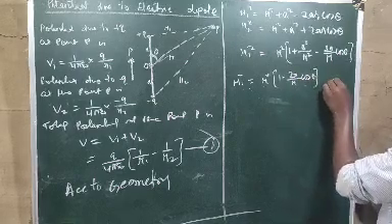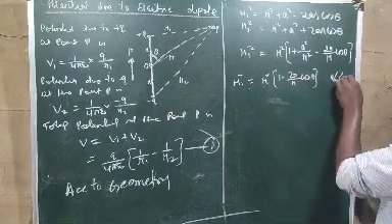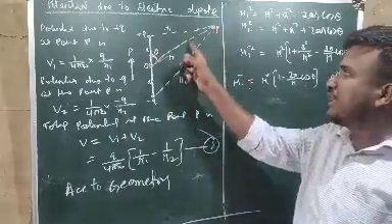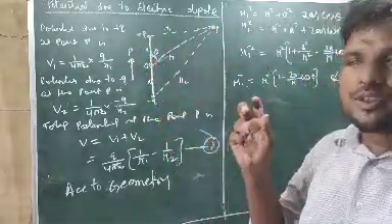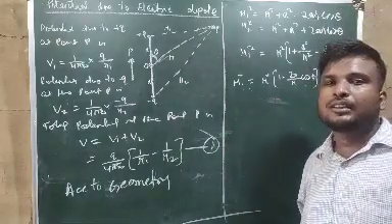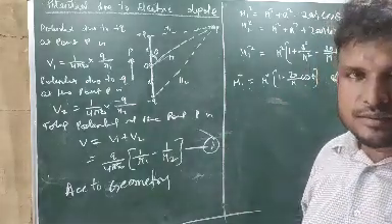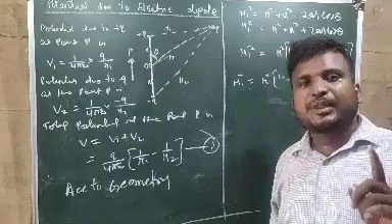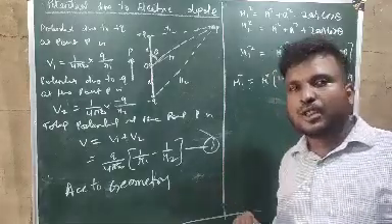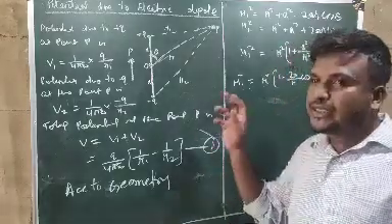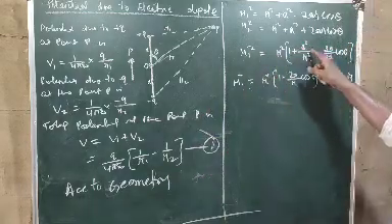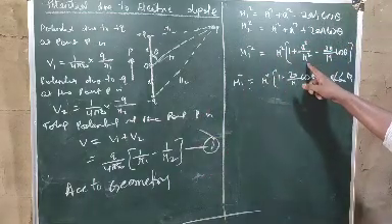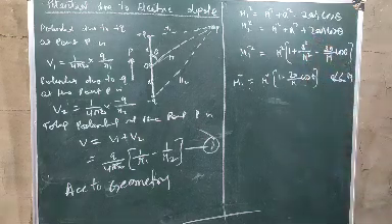Why? Because A is very much smaller than R; this R is very much larger than this A. Why? Because what is a dipole? You remember the definition of a dipole. A dipole is the arrangement of two equal and opposite charges separated by an infinitesimally small distance. So if it is infinitesimally small, then this A will be very very small and R will be very very large, so these values can be neglected.